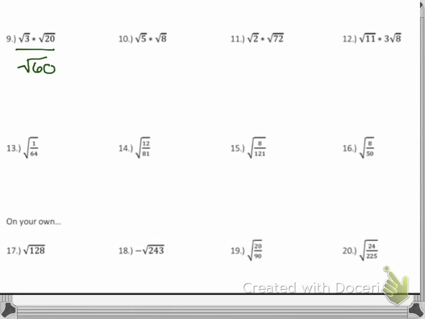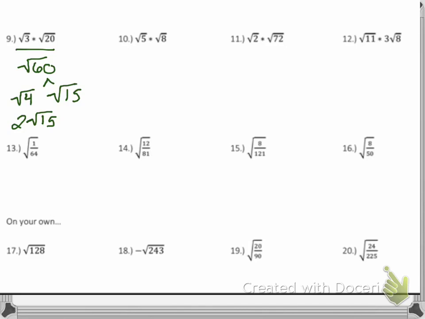Let me just double check. So, yep, 4, and then that would be 15. So then root 4 and root 15. Side note, I know that 4 is the highest because 15 breaks into 3 and 5 with a factor tree, and with 3 and 5, there's no pairs that come out. So my answer is just 2 root 15.